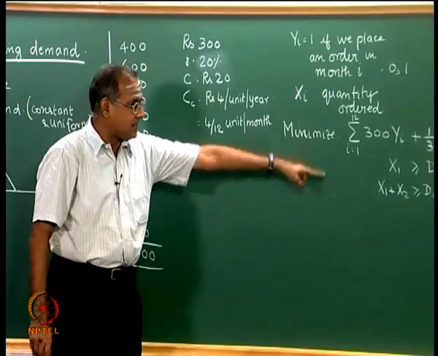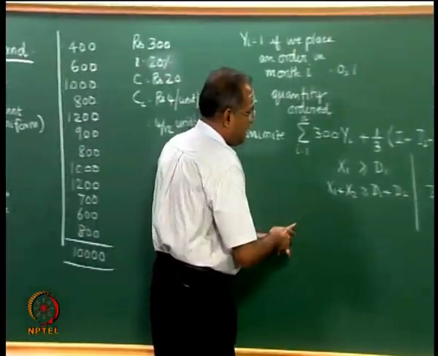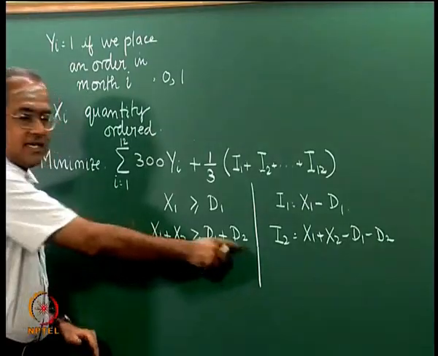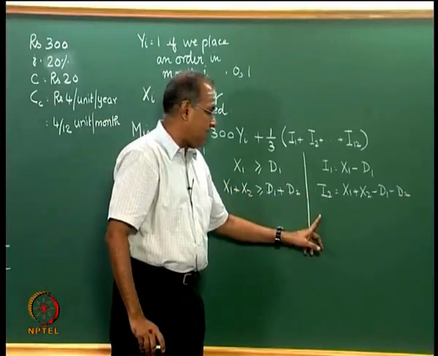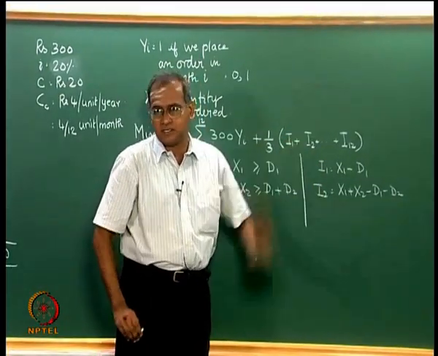Now the moment we understand these two constraints, the rest of the constraints are easy. The third constraint will be x1 plus x2 plus x3 is greater than or equal to d1 plus d2 plus d3, from which I3 will be x1 plus x2 plus x3 minus d1 minus d2 minus d3.